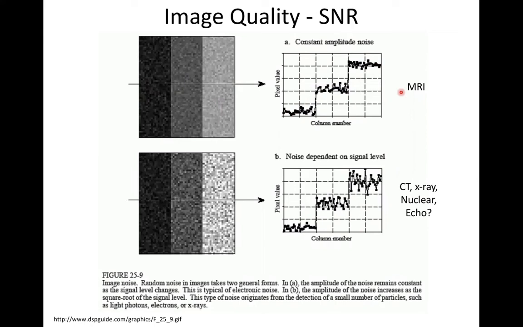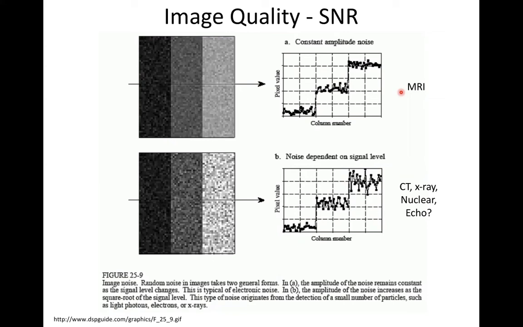That was true almost universally in the first 25 years of MRI. Now, though, people are using multiple coils in different parts of the image to image different parts of the field of view. And so the actual noise value can vary from region to region. We won't talk about that in detail.